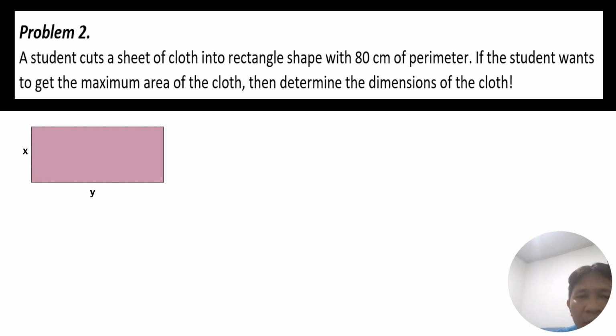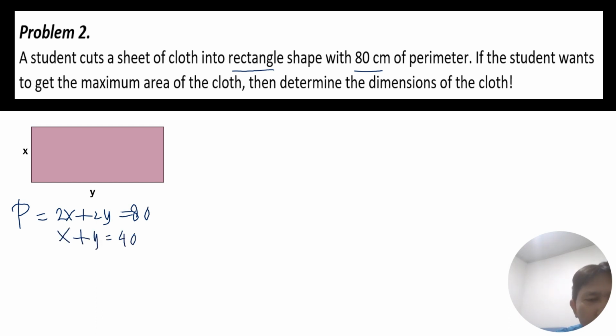According to the information that the perimeter of the rectangle equals 80 centimeters, we can write it as P, which stands for perimeter, equals 2x plus 2y equals 80. Then we can make it simpler, become x plus y equals 40 and y equals 40 minus x.